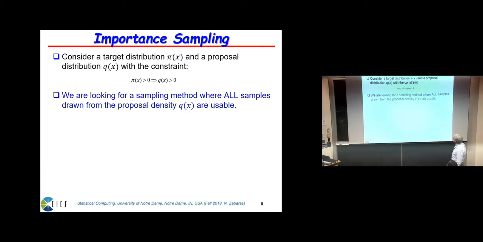We're going to try to generate samples that are drawn from Q in a way that we keep all the samples. We don't reject anything. We're not going to reject any sample. And there is not going to be any bounds or anything like that I had before. The only constraint is that in regions where the distribution pi is positive, Q also should be positive. Right? Makes sense.